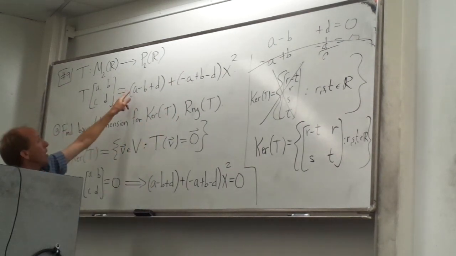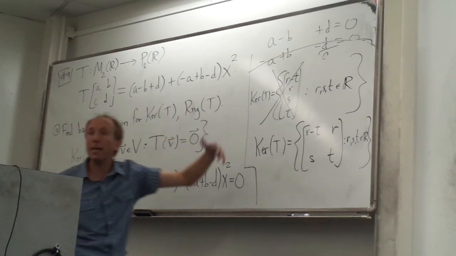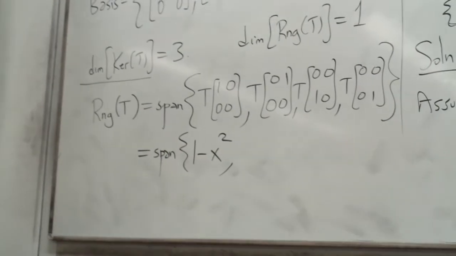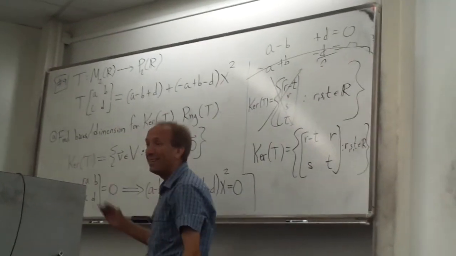So if I put in 1 for A, what am I going to end up with over here? 1 minus x squared, exactly. So I put 1 minus x squared.